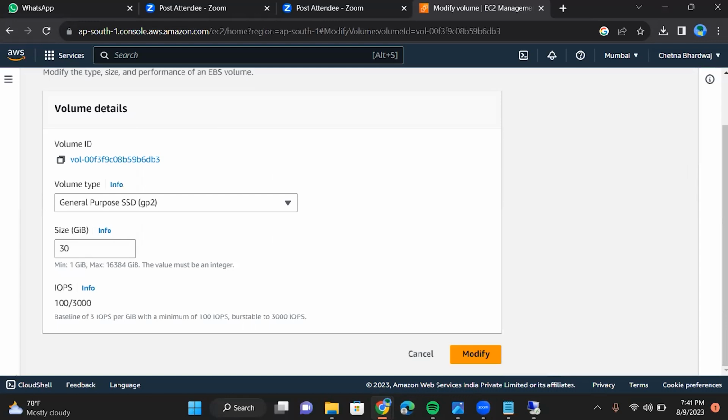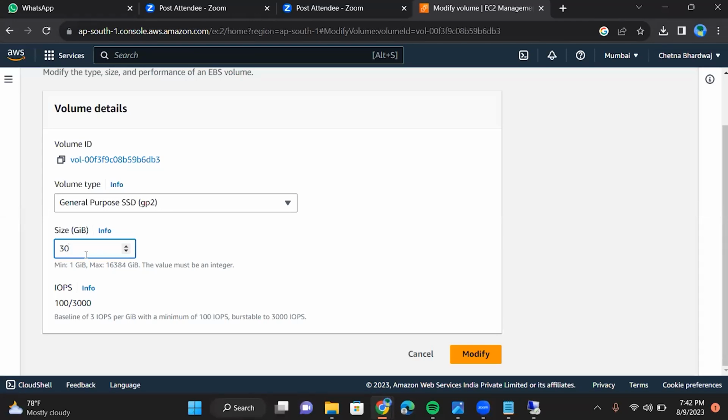In the free tier, only 30 GB is available to you for free. If you exceed 30, say 31 or 32, they will start charging you.